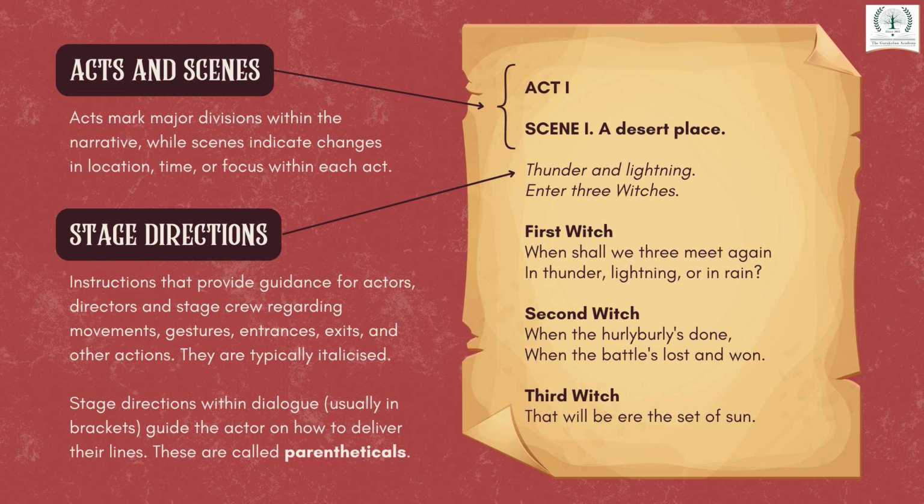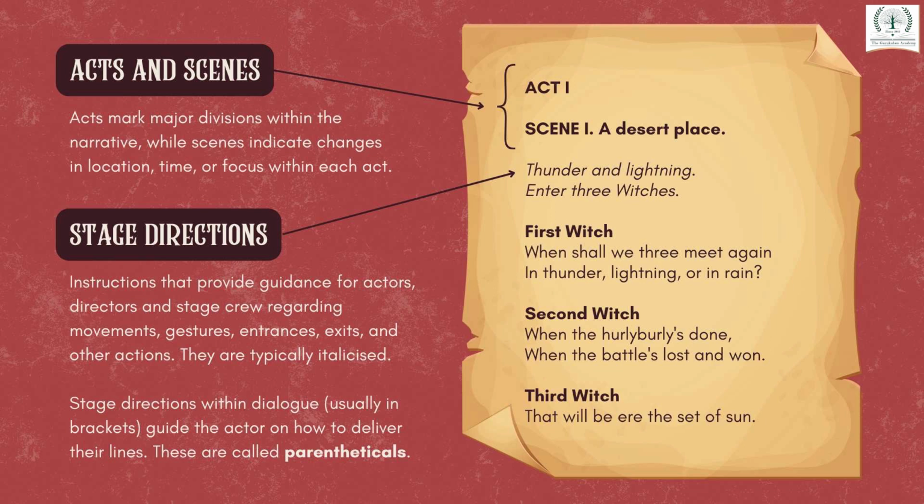Instructions that provide guidance for actors, directors, and stage crew regarding movements, gestures, entrances, exits, and other actions. They are typically italicized. Stage directions within dialogue, usually in brackets, guide the actor on how to deliver their lines.